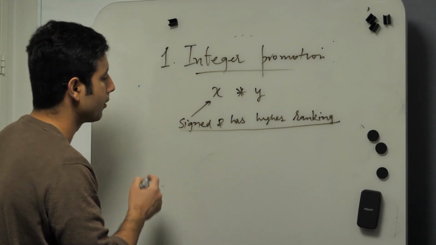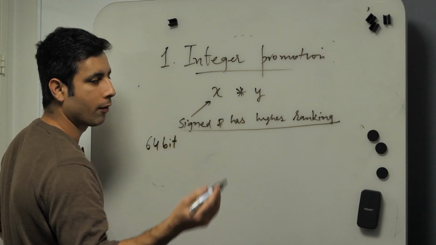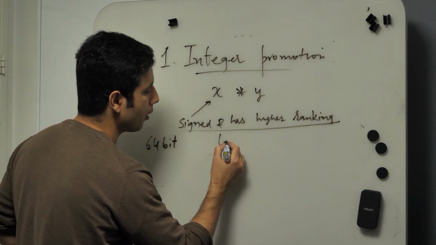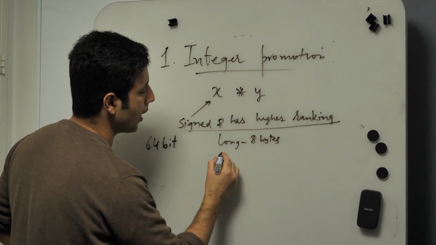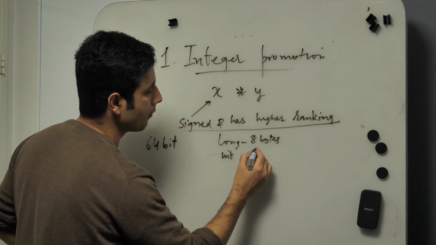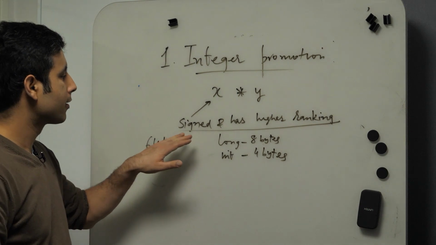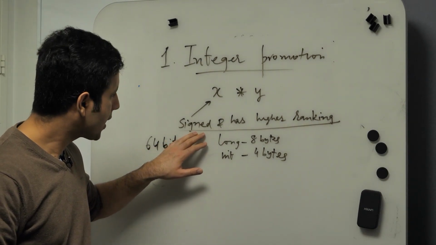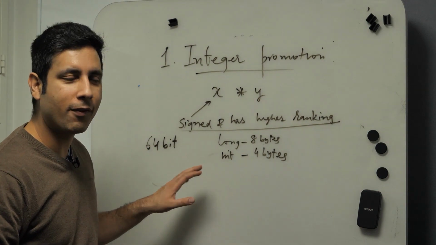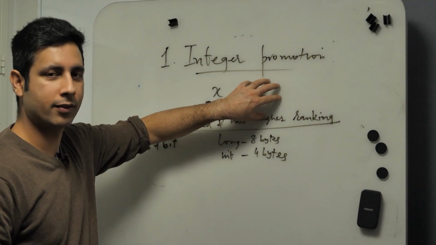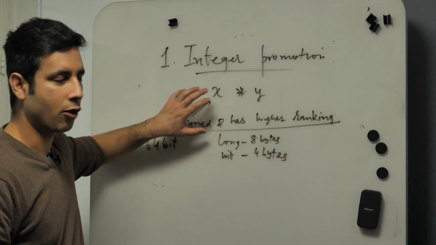For example, on a 64-bit, very common architecture, long is 8 bytes and integer is 4 bytes. As long as the signed type, which has higher ranking, can represent all the values of the other operand, the common type is the type of this signed operand.